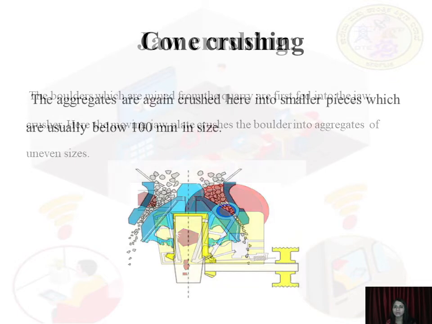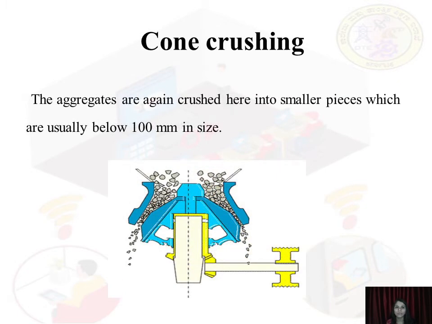Next we will move on to cone crushing. In the cone crushers, the aggregates are again crushed into smaller pieces, which are usually below 150 mm in size. In the jaw crushers, you get the size up to 150 mm. In the cone crushers, the size of the stones is usually below 100 mm to 150 mm.